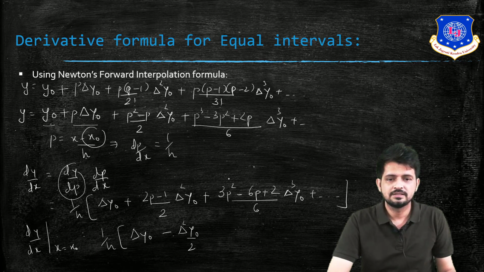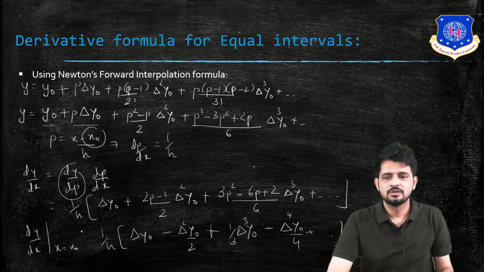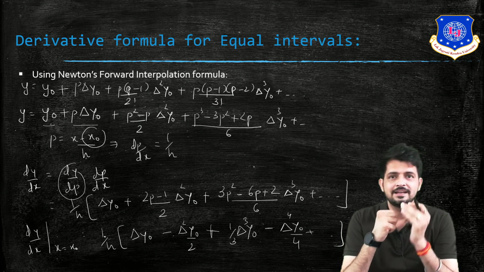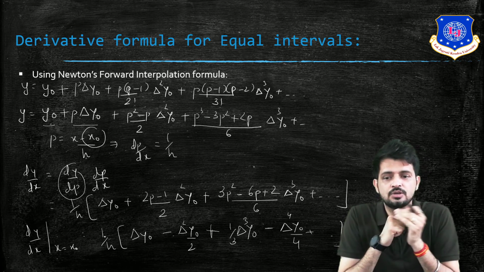Okay, here these two terms will be 0, 2 by 6 is 1 by 3, plus one by 3 into del cube y0 minus del raised to 4 y0 by 4 and so on. So this is the formula to find dy by dx at x is equal to x0.